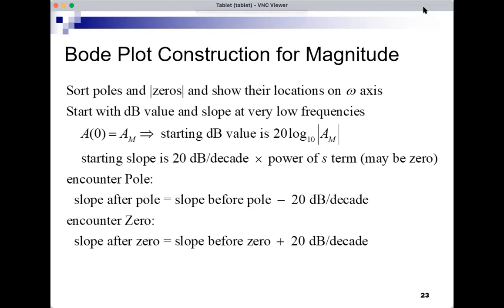So a pole would make me lose 20 dB per decade in slope. A 0 would make me gain 20 dB per decade in slope. This is a simple procedure. Just mark the critical frequencies and adjust the slope when you see one.